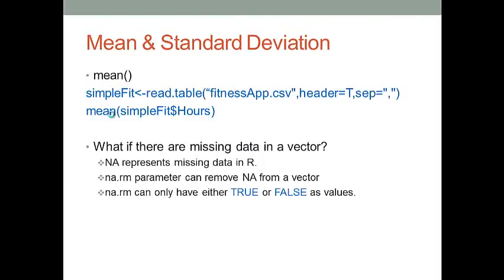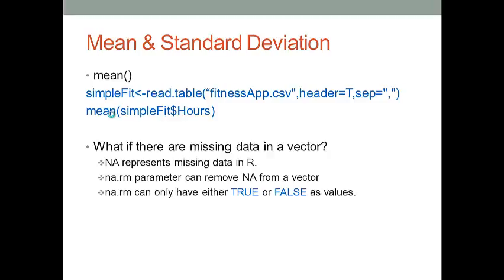The mean function is very simple to use, but we do need to consider one point. What if we have a missing data in a data frame or a vector? In R, we use the symbols NA to represent missing data. In the future, if you see your data set has NA, that means you have missing data in the data set.